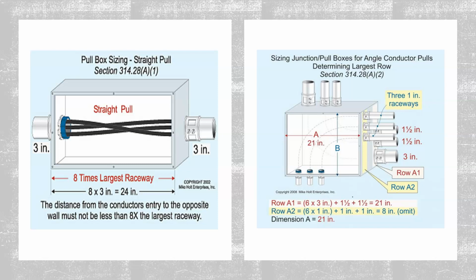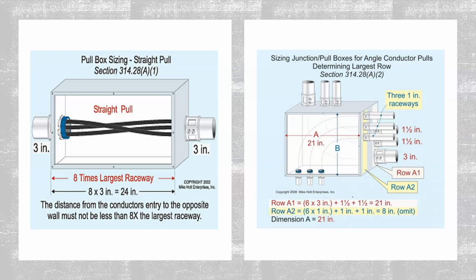Since 21 inches was our larger dimension for that side of the box, the distance from those raceways on that side of the box to the opposite wall, which is represented in the box by the figure A, has to be at least 21 inches, assuming we're going to be using those raceways for an angle or a U-pull, which you can see somewhat depicted inside the box as well. We're going to be pulling from the bottom of the raceway into the side raceways.